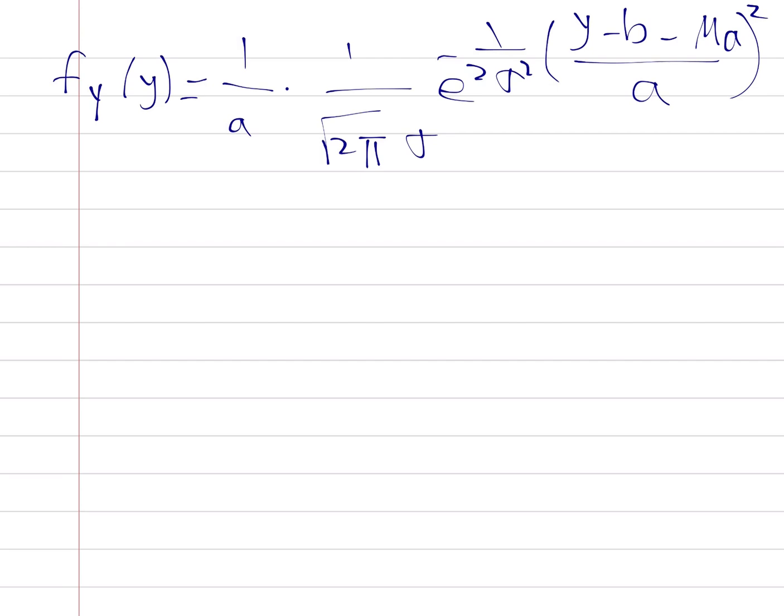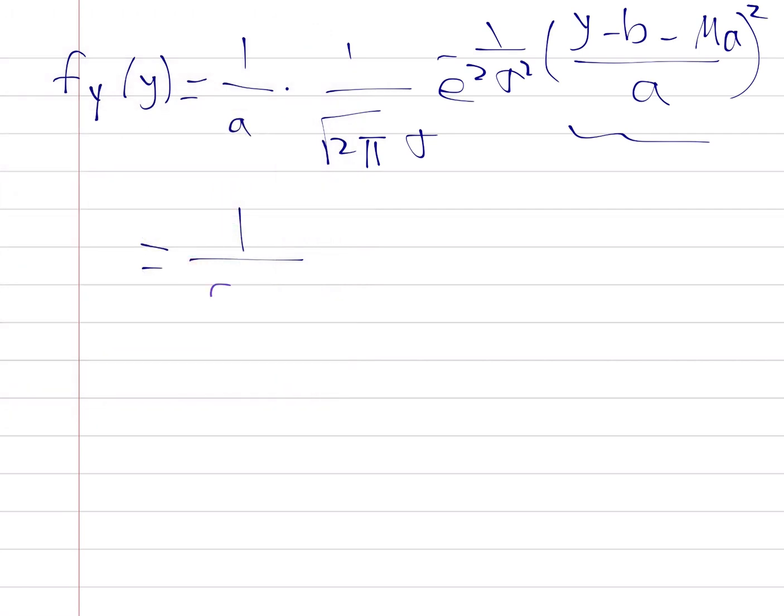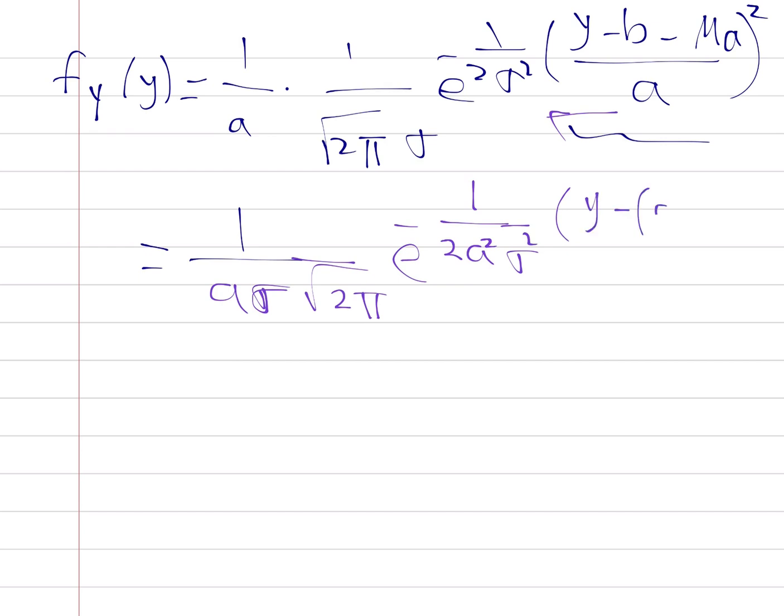Now we can simplify this more. This will be 1 over a sigma square root of 2 pi, and then e to the minus, we can take the a out of the exponential, so we just say 1 over 2 a squared sigma squared, and then we can write the numerator between the brackets as y minus (a mu plus b), and then all of that squared.